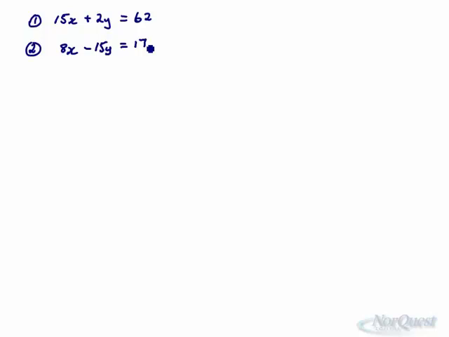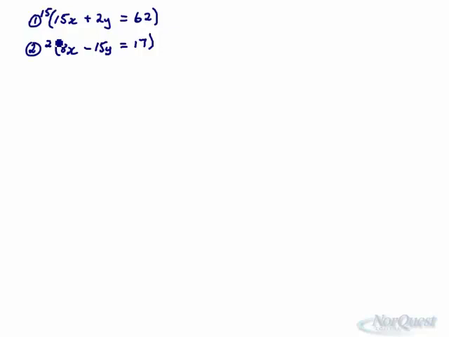And to do that, I could take equation 1 and multiply it by 15. I could take equation 2 and multiply it by 2. And again, as long as I do the same thing to both sides, I can basically do whatever I want to the equation. I can't eliminate at this stage yet. Not until they have the same coefficient. Then I can add or subtract.